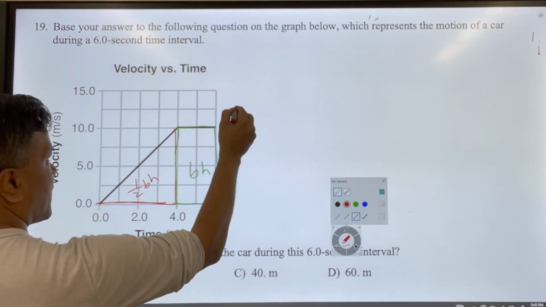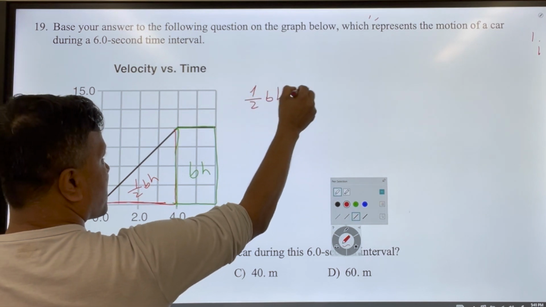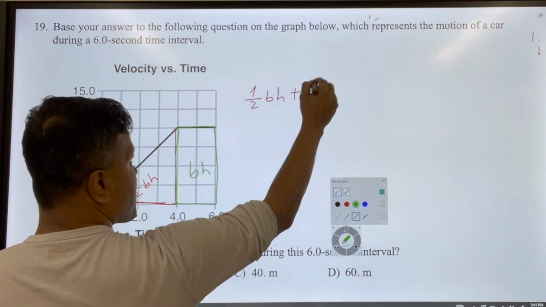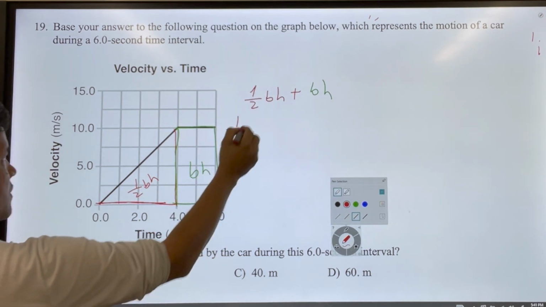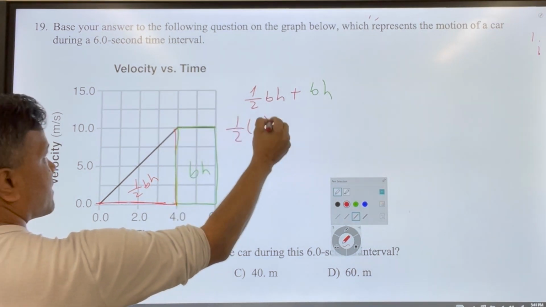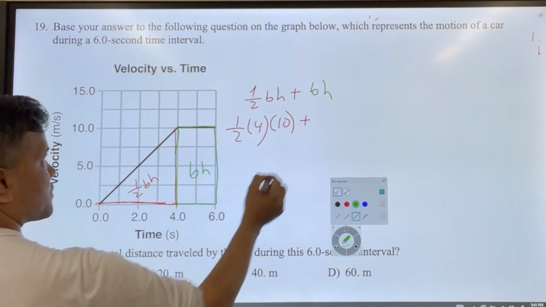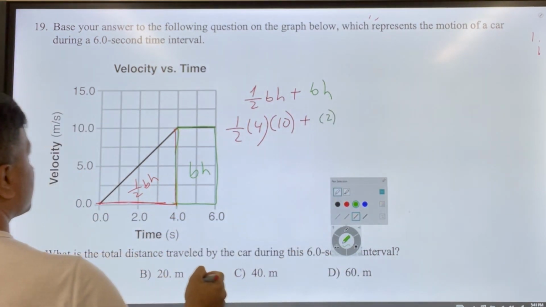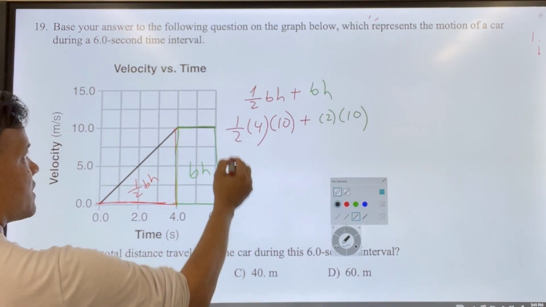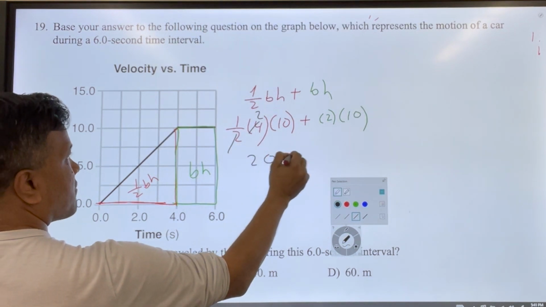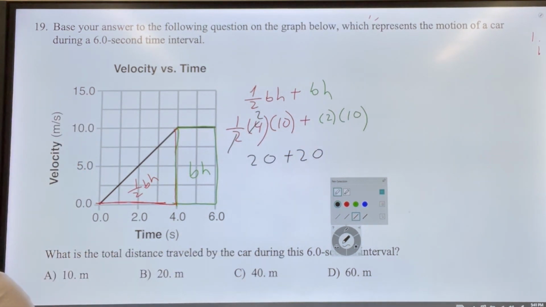So area is equal to half bh plus bh. Half b is 4, h is 10, plus b is 6 minus 4, 2, h is 10. Okay, so let's calculate it. 20 plus 20 is 40.